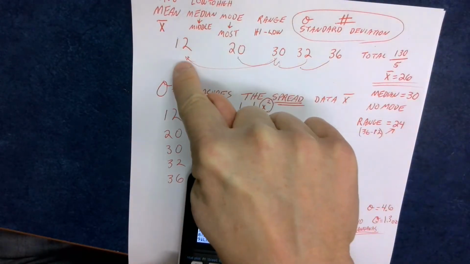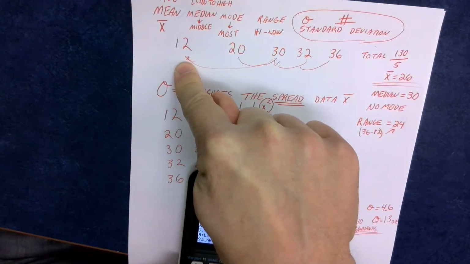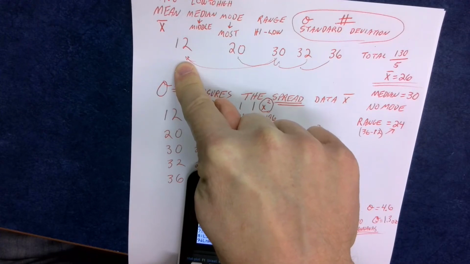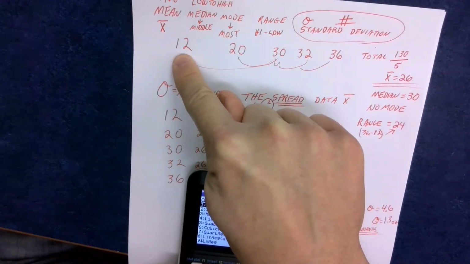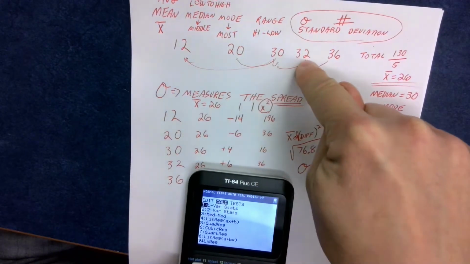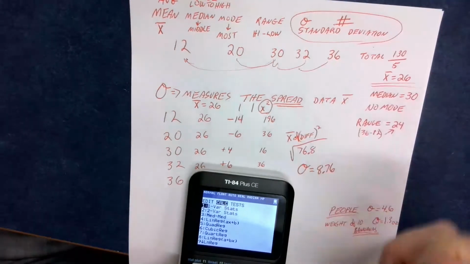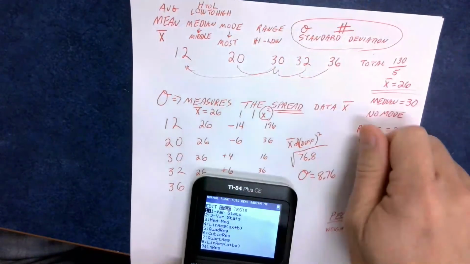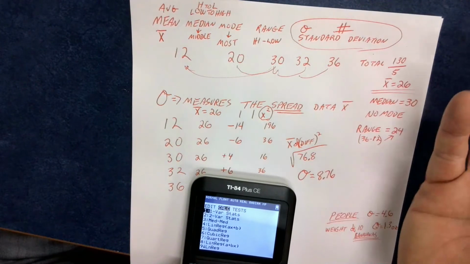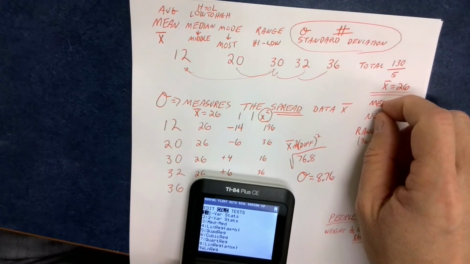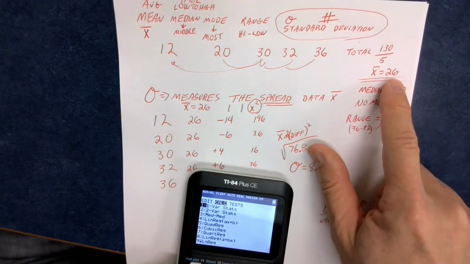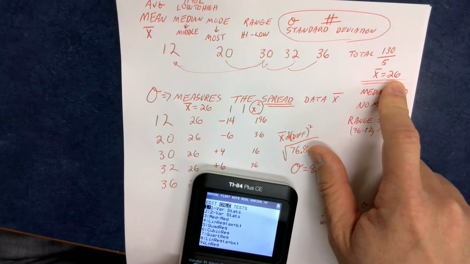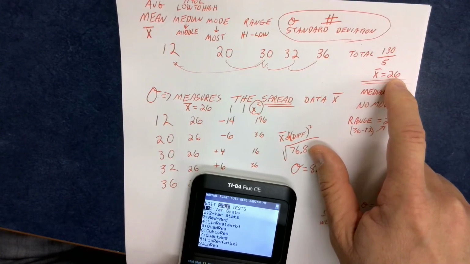Maybe it's you and your significant other went out to eat at a restaurant, and you spent $12 here, $20, $30, $32, and $36 for the 2 of you on 5 different occasions. Okay. So maybe that's what that is. So in that case, the average meant that you typically would spend about $26.